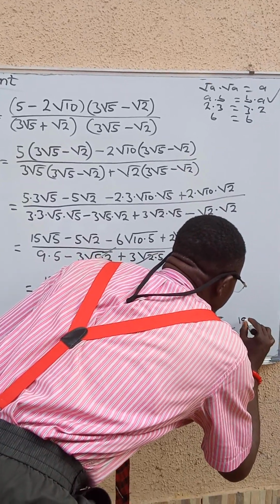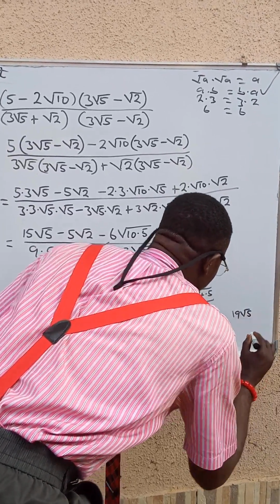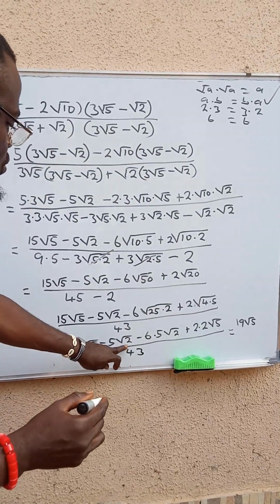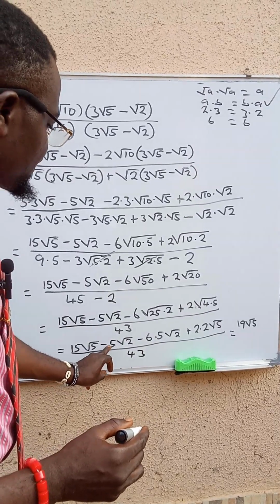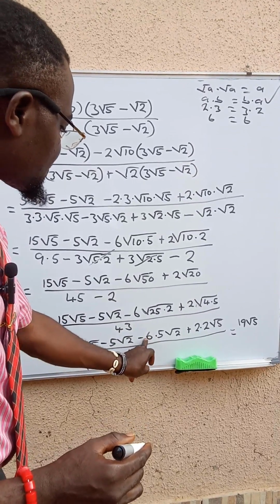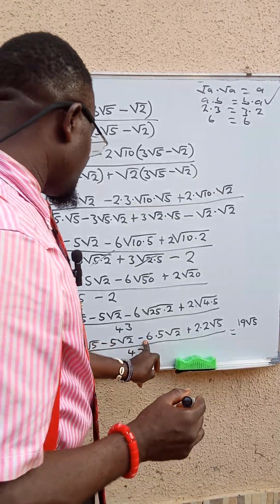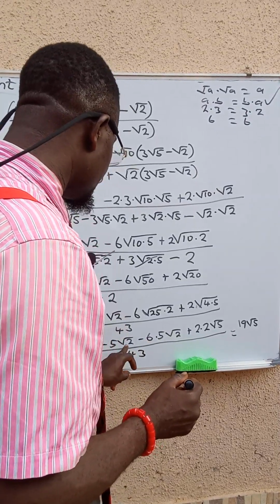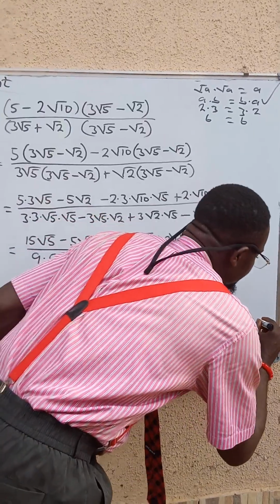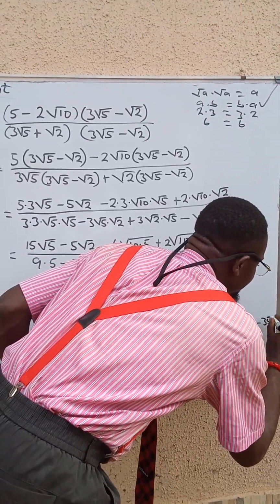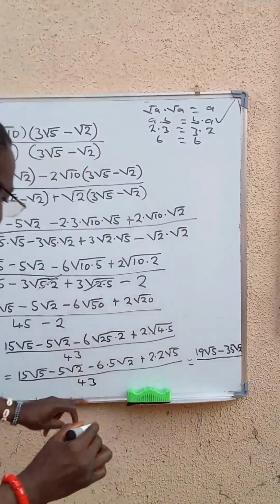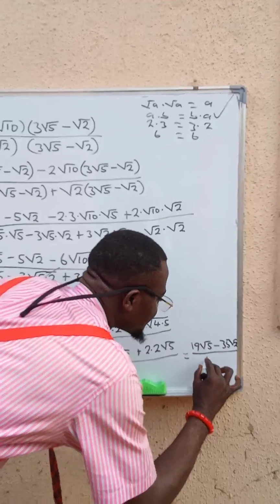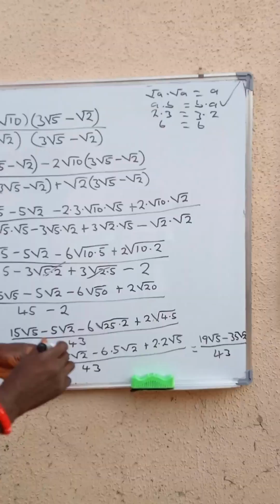So I have 19 root 5. Then 5 root 2, 6 times 5 is 30. So minus 5 minus 30 will give me minus 35. Then the root 2, that's minus 35 root 2 over 43. So that is the answer.